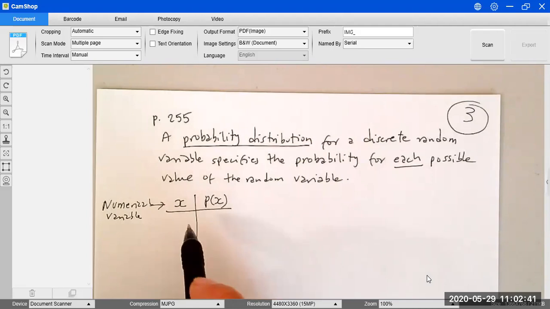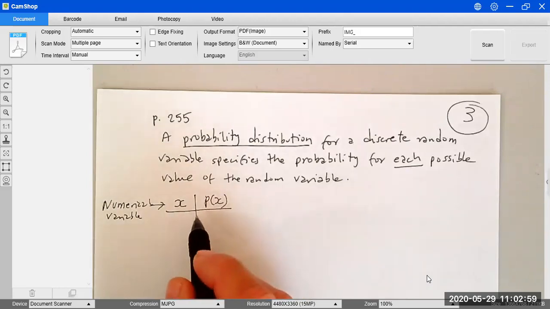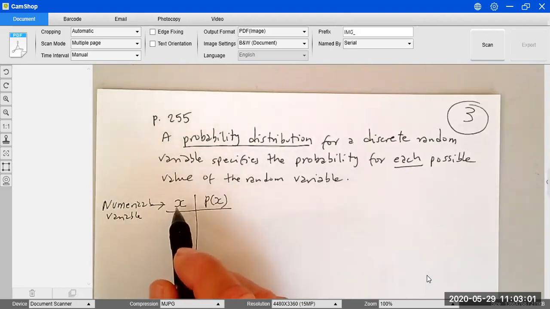But in that case, when you have labels, then labels are not a numerical variable. Labels are a categorical variable. So in that case, that cannot be considered a discrete probability distribution. That cannot be considered a probability distribution either. So we need to have a numerical variable, and this is going to be a random variable.